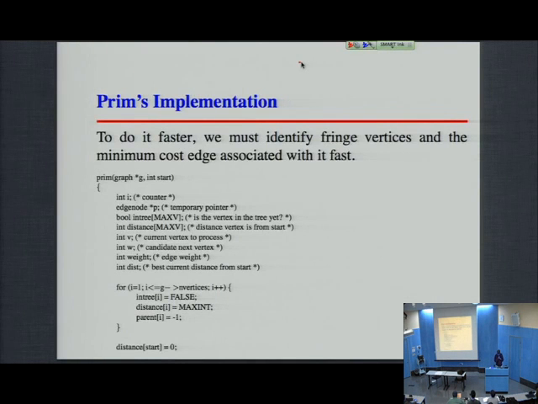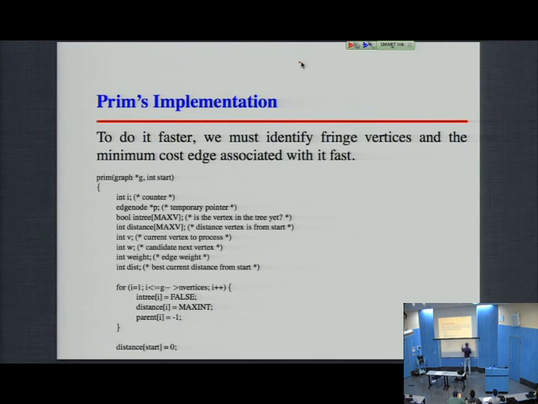To do this, let me explain the idea before I show you the code, because the idea is not that complicated. What is our problem?